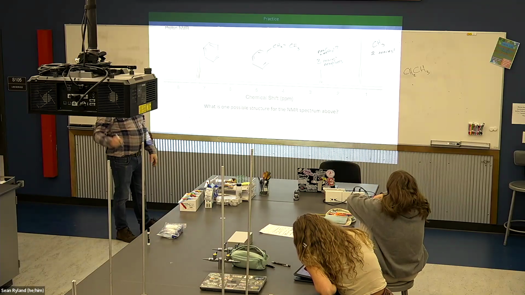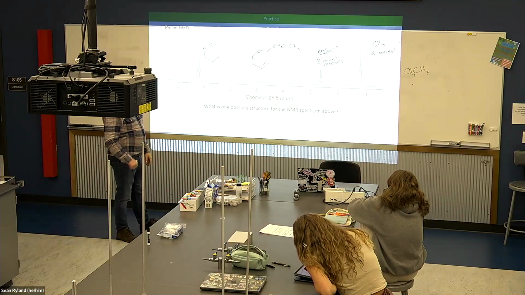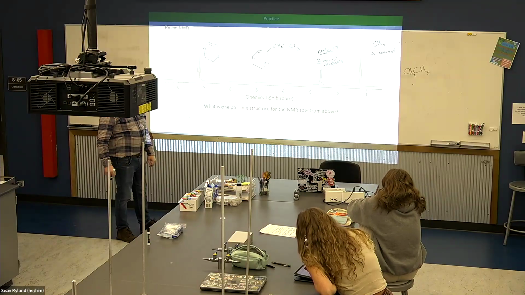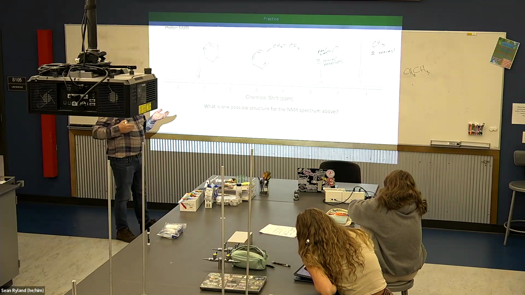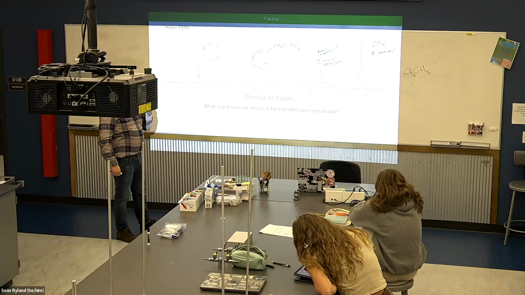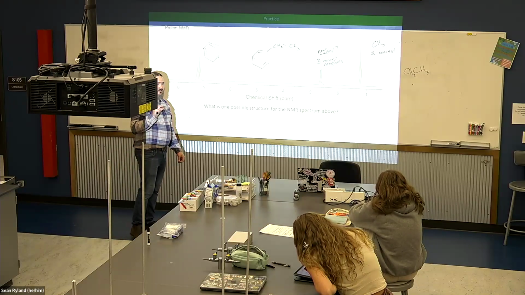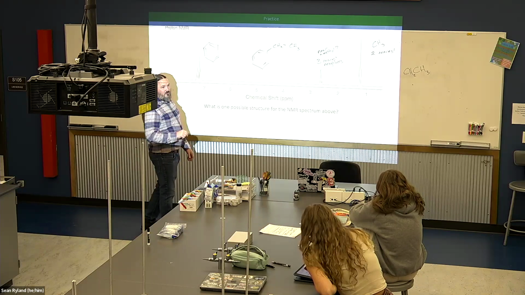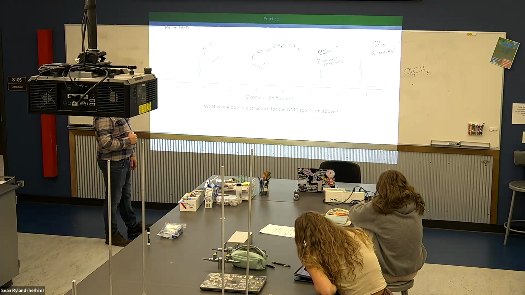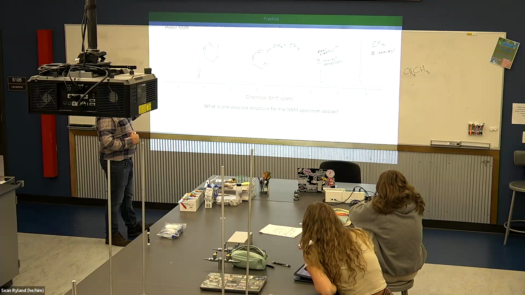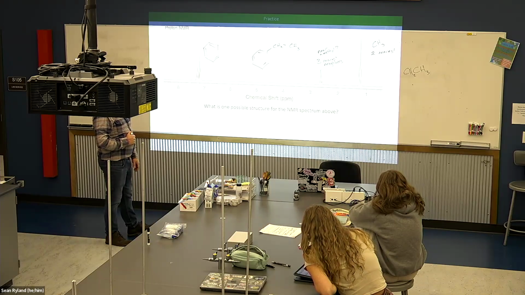Can I rule it out? And once you've ruled out everything, you can end with 2 possible structures because sometimes I don't give you enough information to get all the way to your final answer, but you should be able to get down pretty close, down to a couple of options. Because most of the possibilities won't match something.